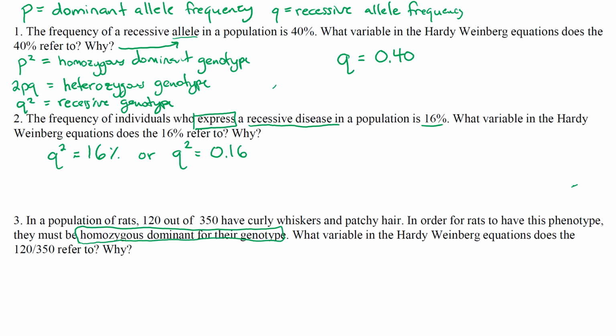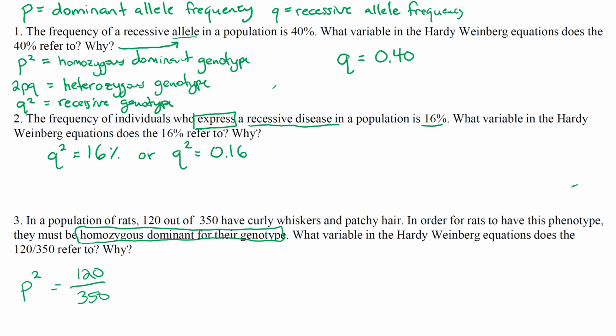So this number, 120 out of 350, refers to my, you got it right, p squared. Okay, so all of the whys have been described at the very beginning of the video here. So all those variables listed, very crucial that you know it.